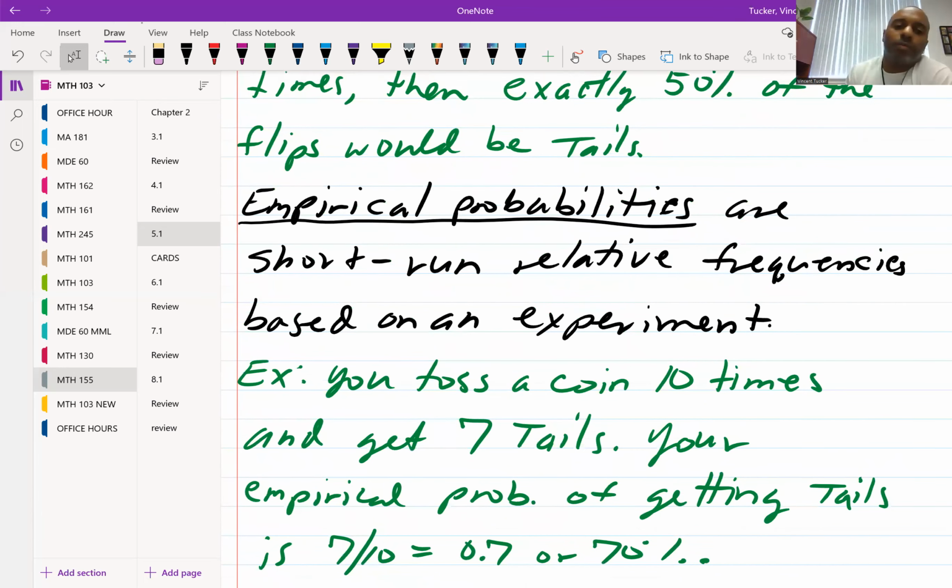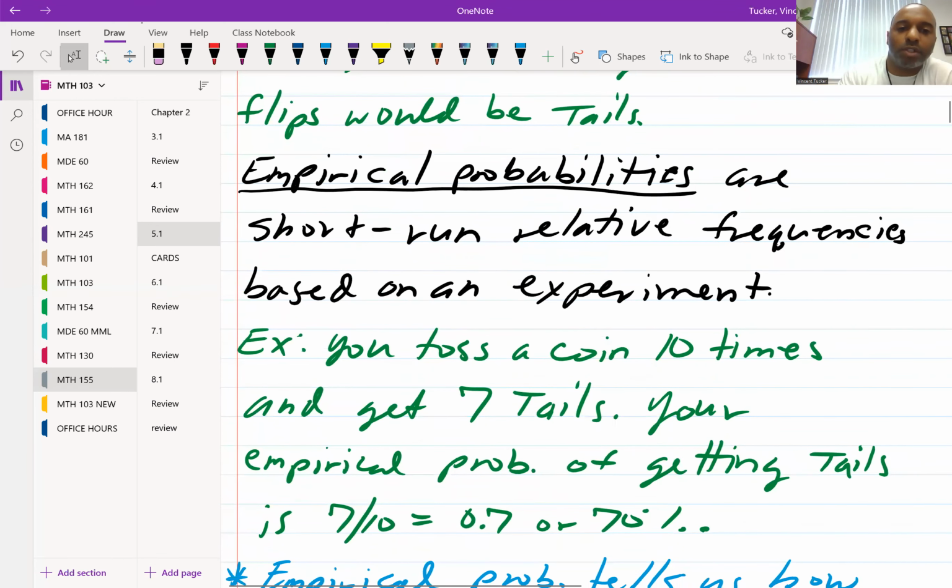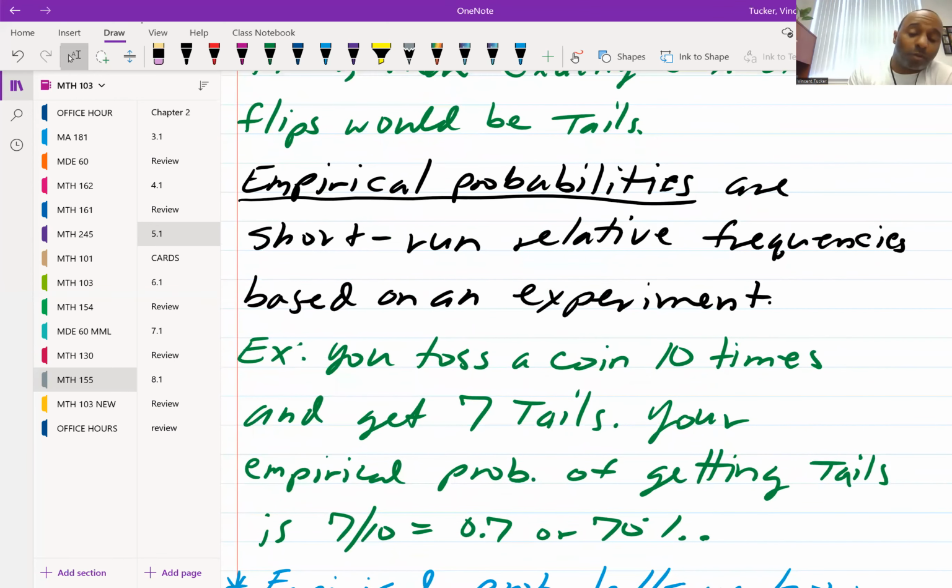So empirically, if you toss a coin 10 times and get 7 tails, your empirical probability of getting tails is 7 out of 10, which is 70% chance. So when we talk about theoretical tails, it would be 50%, but empirical probabilities are based on short run relative frequency. So if you only flip 10 times and you get 7 out of 10, that's 70% chance of landing tails.